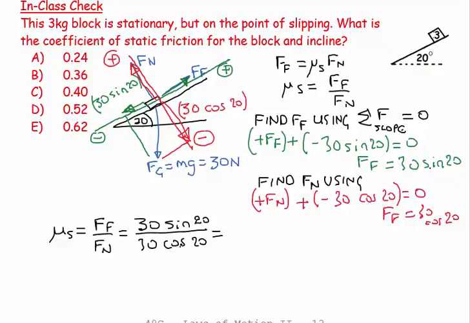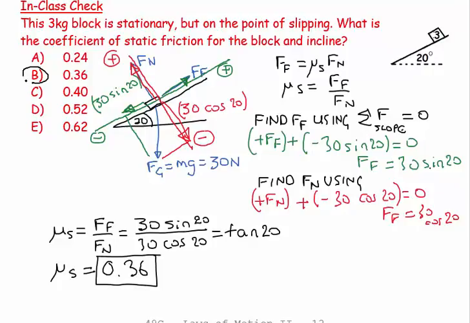Well, the 30s cancel, and a sine over a cosine is a tangent. Opposite over hypotenuse divided by adjacent over hypotenuse is opposite over adjacent, which is tangent. Tangent 20. It's just an unexpected little surprise. So mu s is equal to the tangent of 20. So tan 20 degrees is equal to 0.36. And again, newtons over newtons means no units, 0.36. And my answer is B in this case.